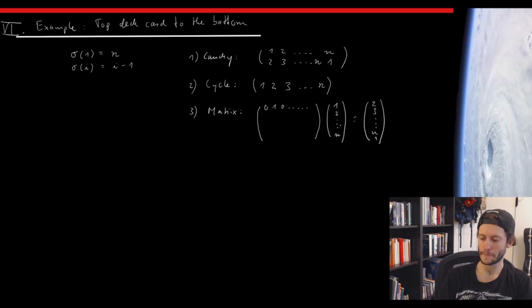That's fine. Next we want to have 3, so we need to hit the 3 over here with a 1. And so on. You see that the 1s will follow this off diagonal, or the side diagonal.